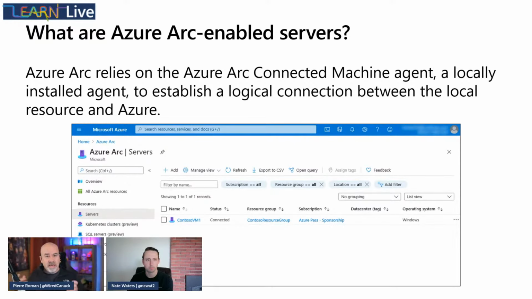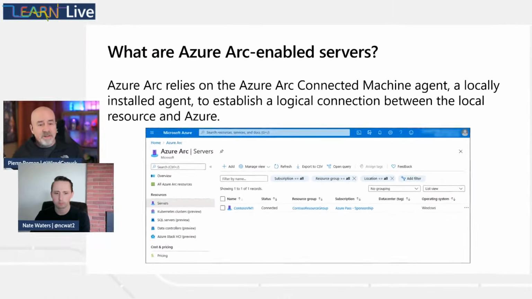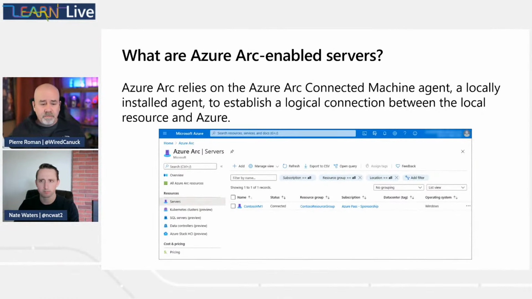It creates a VM ID in Azure, makes the link, and then starts listening and answering prompts from Azure in order to deploy new services, collect data, or act on a command that you've given through Azure Arc.